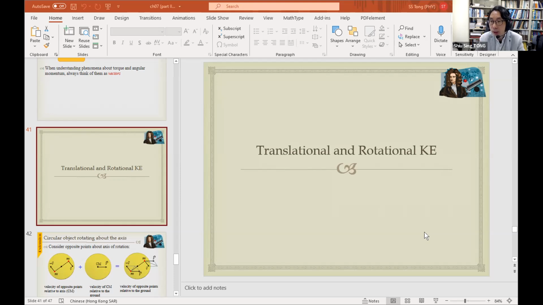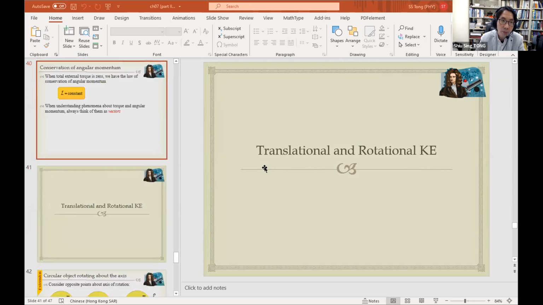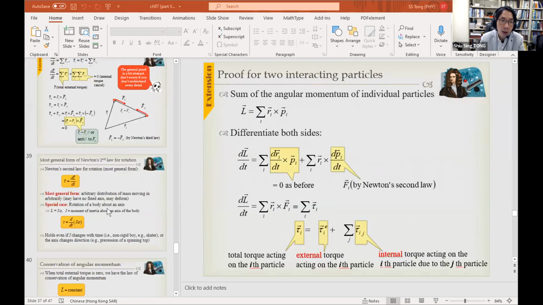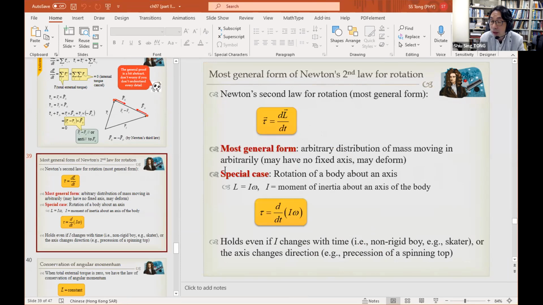So this is the most general form. The form torque equal to dL/dt is the most general form of the equation. In a certain application, we are not interested in that very general form, but in a situation where the axis of rotation is fixed, but the moment of inertia does change with time.